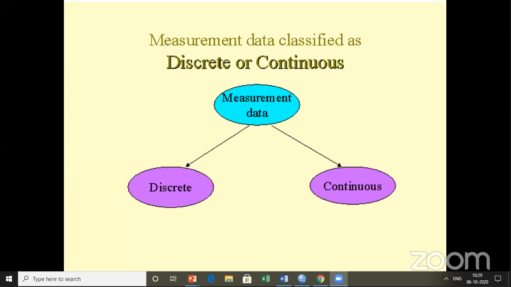For example, if I say 0 to 1, not necessarily at equal steps. So it could be 0, then 0.25, then 0.75, 0.76, 0.8. So whenever there is a gap, I call that data discrete data. While in a continuous situation, there is no gap at all. It happens continuously, right? So I call that continuous data.